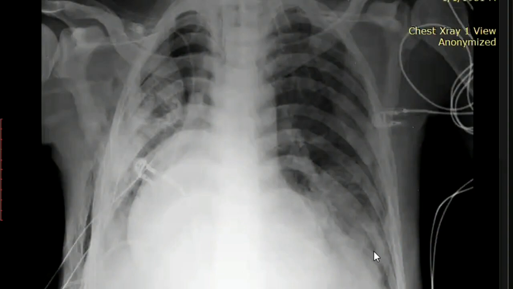Adjacent to this opacity, there is an area of hyperlucency in the hemithorax, which is devoid of lung markings, and which is likely the pneumothorax, left. Yes, correct.